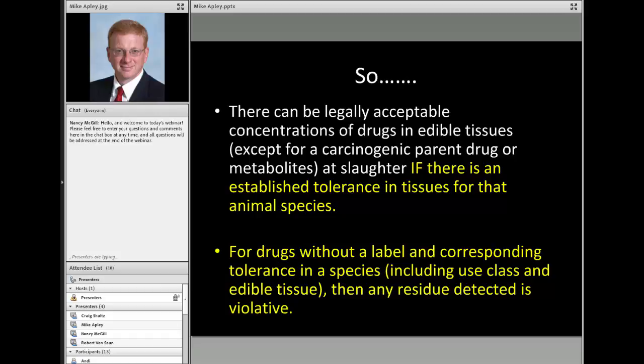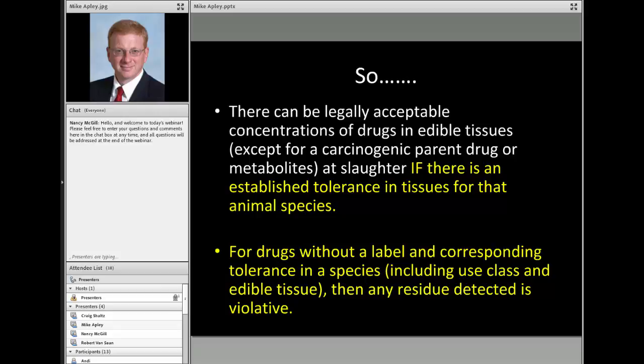If there's a residue for gentamicin in the kidney, that's violative if any is detected because there's no approved use of that for that cow. So for a drug without a label and a corresponding tolerance in the species, any residue detected is violative.